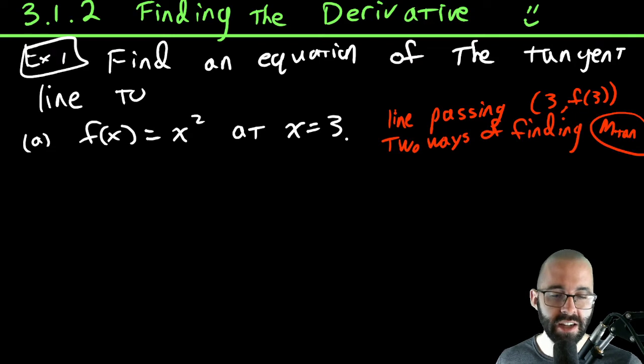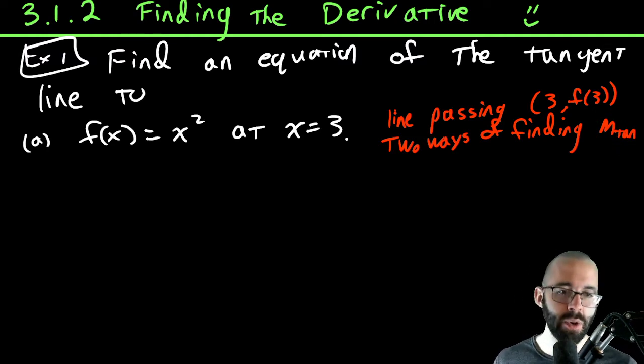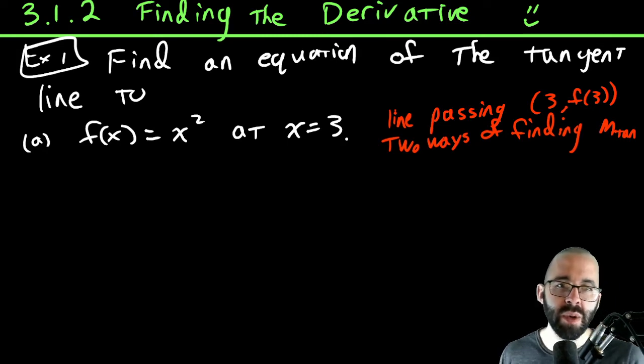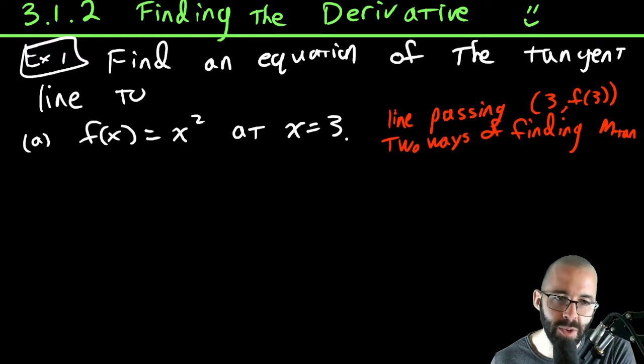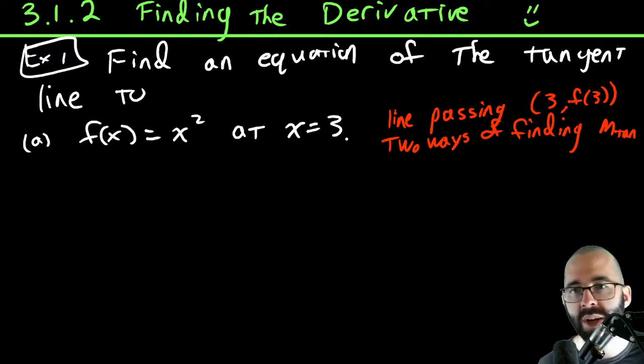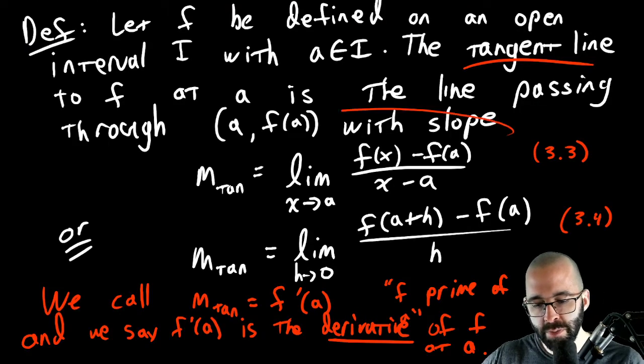The slope of the tangent line is the slope of the function, which is the derivative. So we need a line that passes through a point with a certain slope. We'll use point-slope form. But first we have to find the point and the slope. Once we find the slope and the point, we can use point-slope form and get the equation of that tangent line.